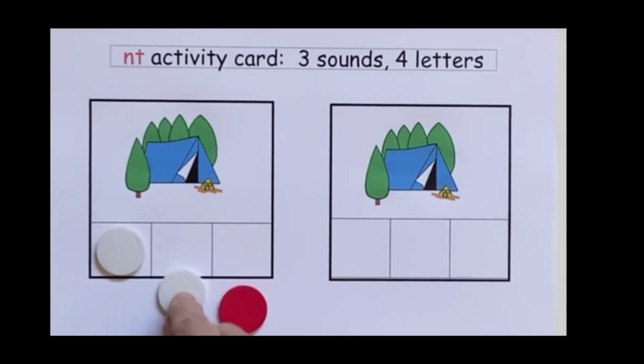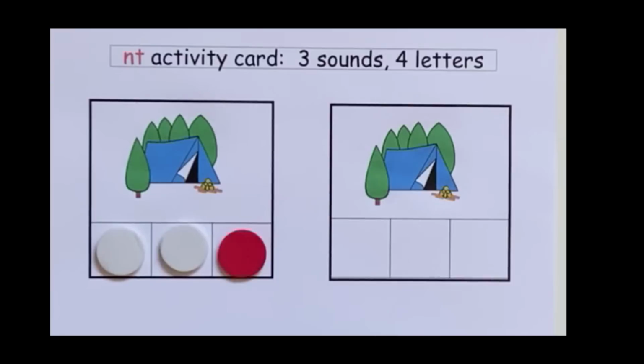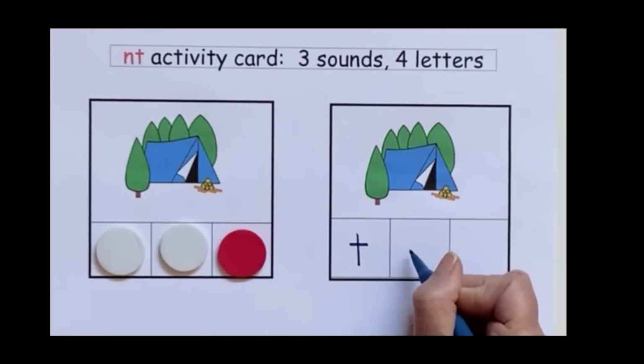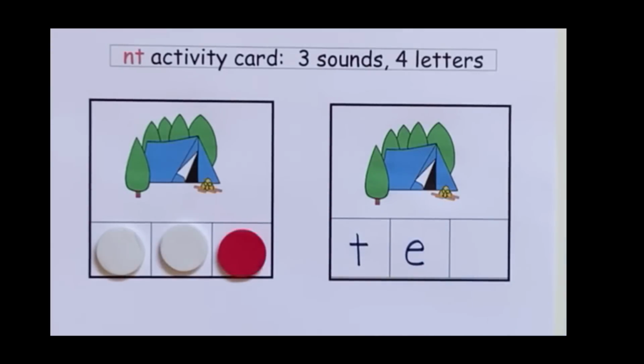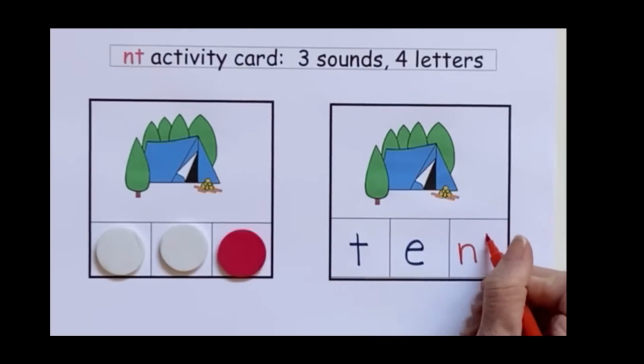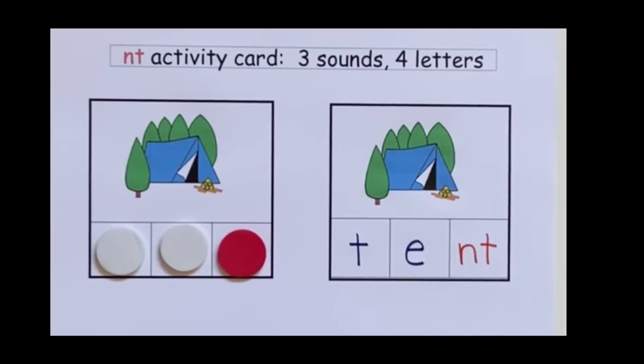T, e, nt. So we're going to now write the letters that represent those sounds. T, e, short E, nt. Our digraph N, T. So we have the word tent.